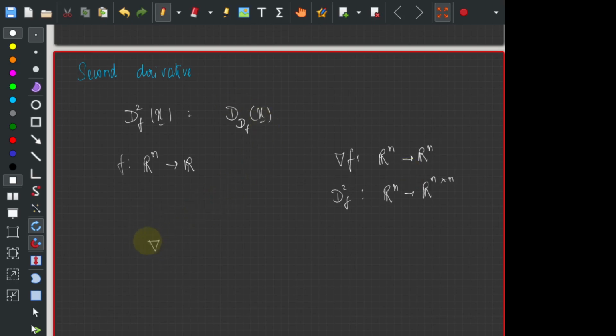Just like the gradient, we define del square f. This is a matrix whose entries are dou square f over dou xi dou xj.